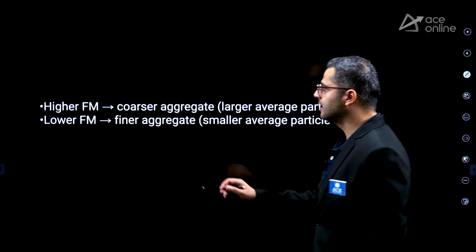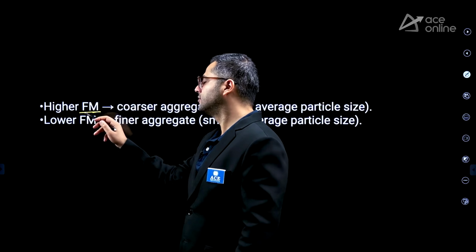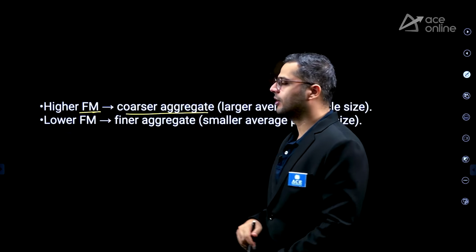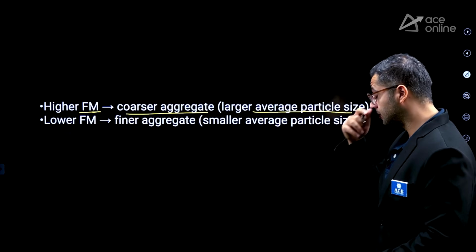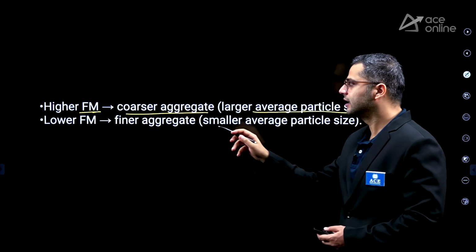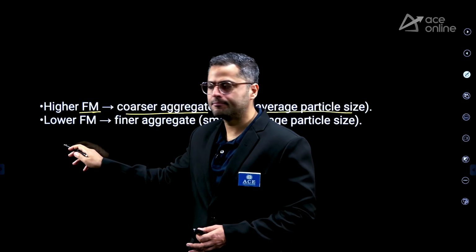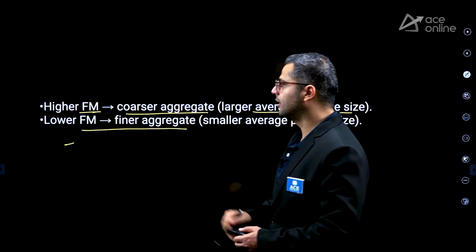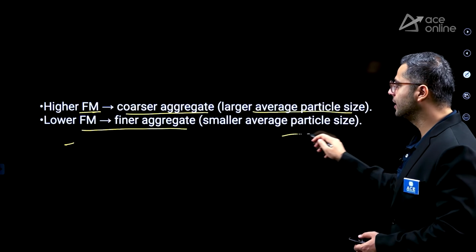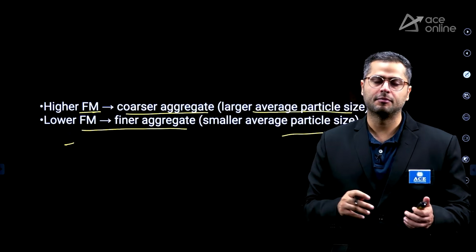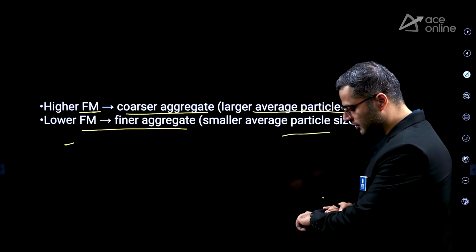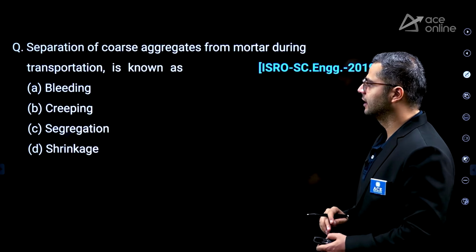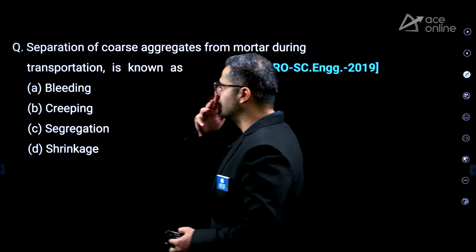So keep this in mind. Higher fineness modulus corresponds to coarser aggregates, large average particle size, and lower fineness modulus corresponds to finer aggregates, that means smaller particle size, right? So these are the things in terms of fineness modulus.